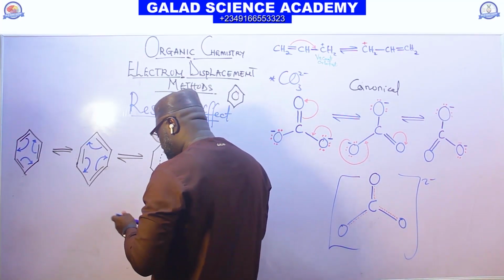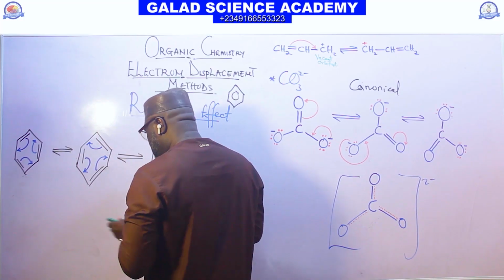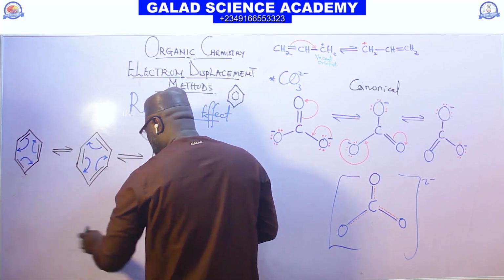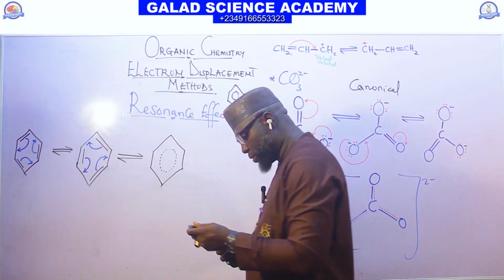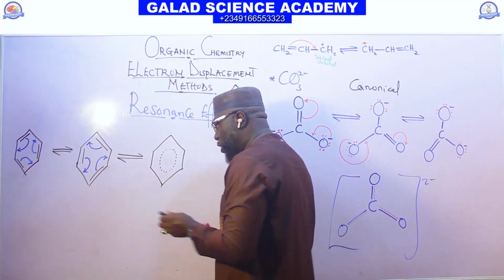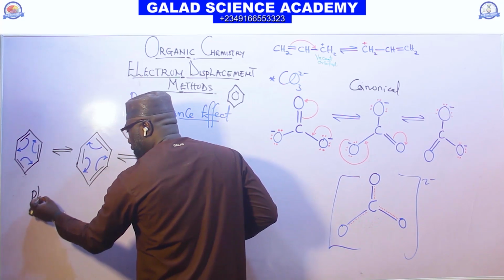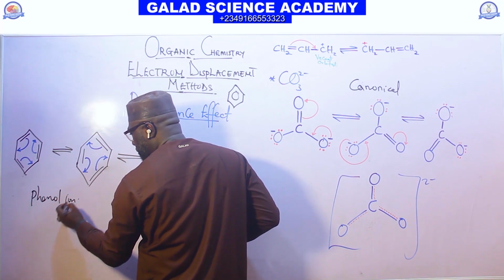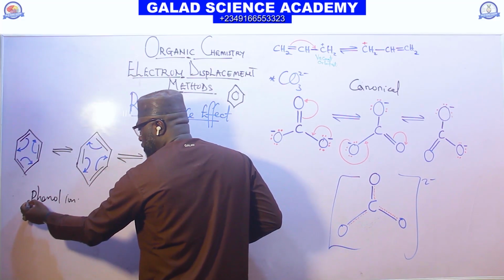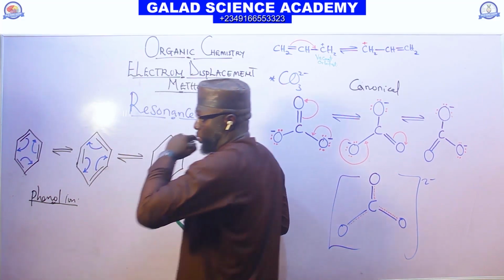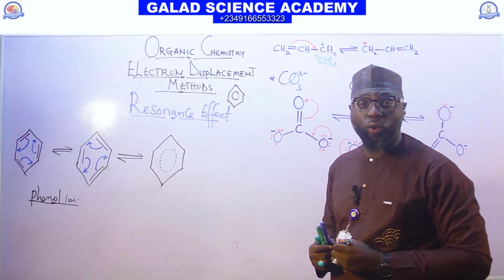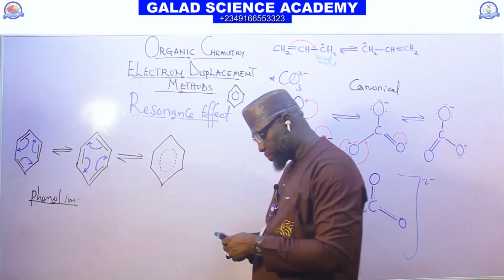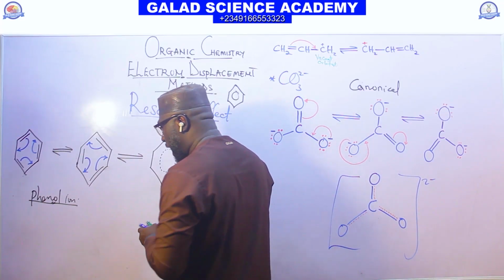If you are asked to draw the resonance structure of the phenoxide ion, notice this phenoxide ion is when phenol is ionized by releasing hydrogen.